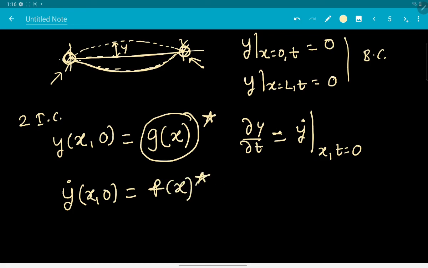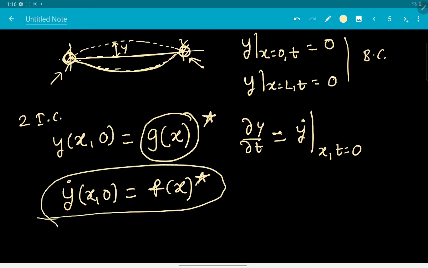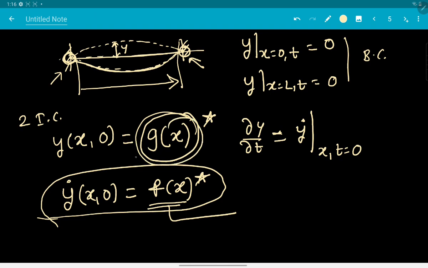So you are providing the variation of velocity along the length of the string, which is this function. This function tells you how velocity varies from this end to that end, and this function tells you how displacement varies from this end to this end.